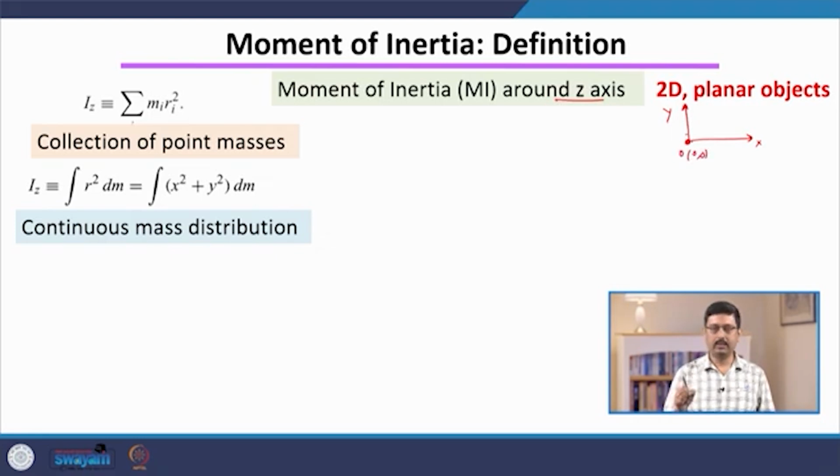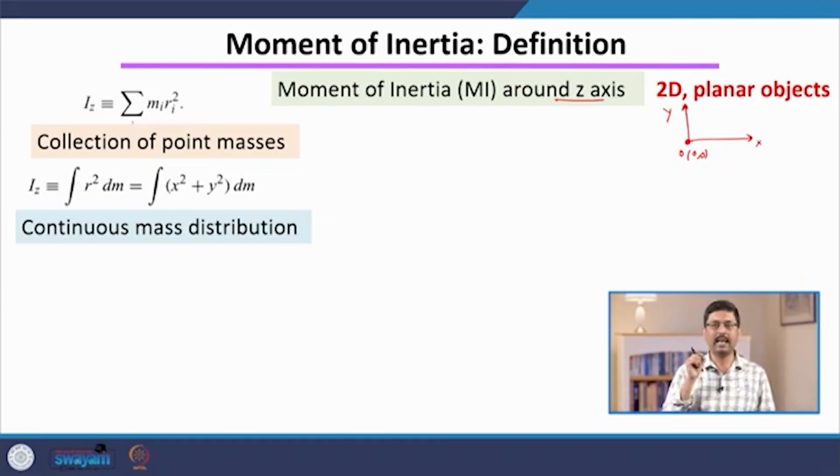Then the moment of inertia. The take home message is that when you describe moment of inertia, you must in your mind ask two questions: what is the pivot point, what is the fixed point or the origin about which the body is rotating.